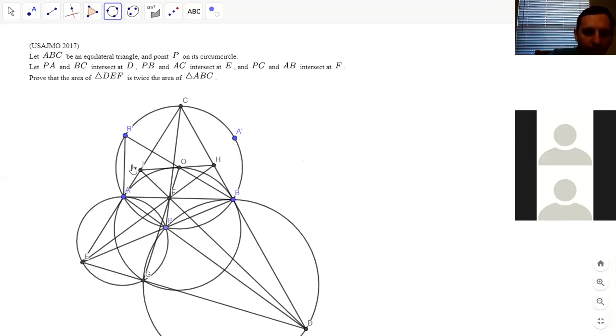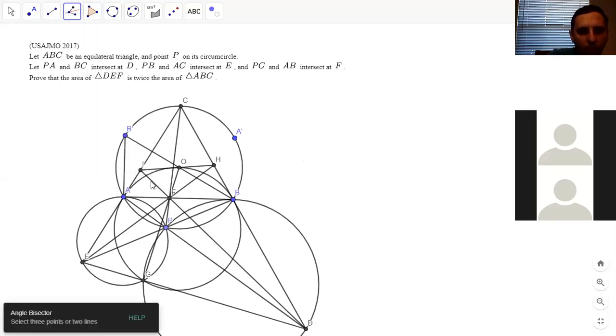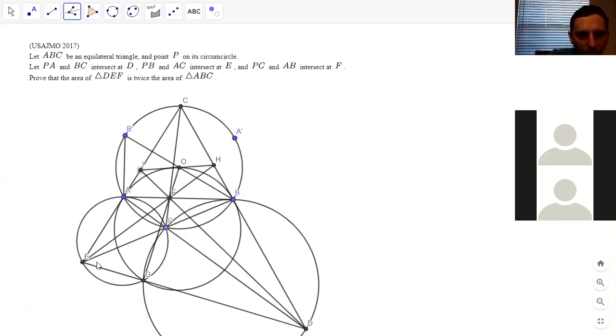I wonder if AB is the angle bisector of these two. No, it's not. So AP, BP, and FP are the bisectors of FPE, FPD, and EPD.